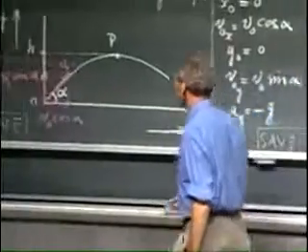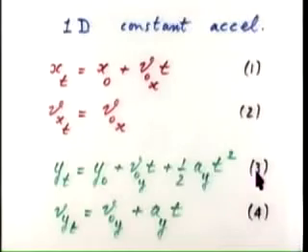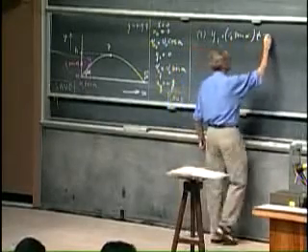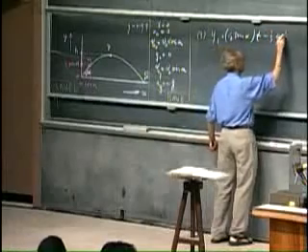I now want to ask first the question that you may never have seen answered: what is the shape of this trajectory? Well, we can go to equation number 3, and we can write down that y as a function of time equals v0y t, so that is v0 sine alpha times t minus 1/2 g t squared.